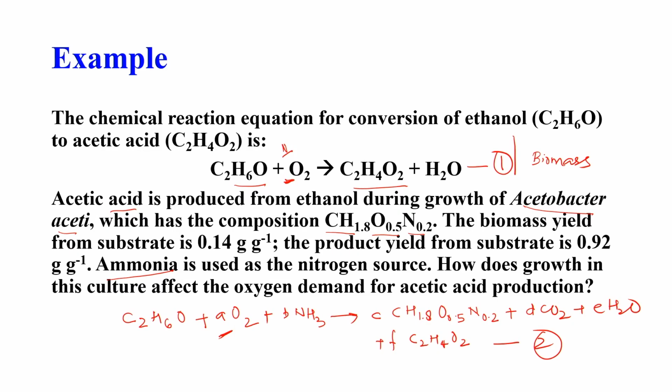To calculate the stoichiometric coefficient, what is known to us is biomass yield 0.14, product yield 0.92.